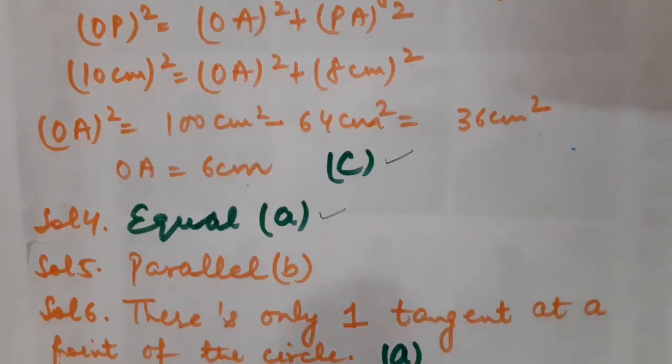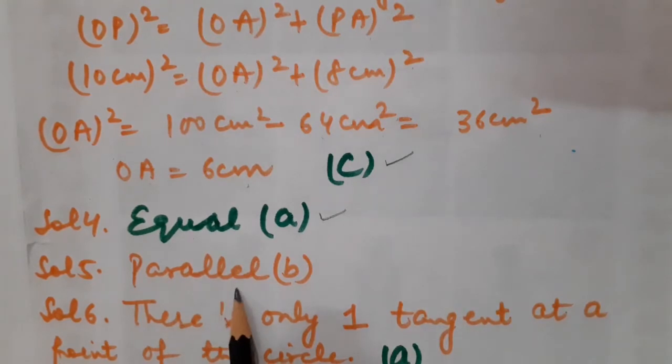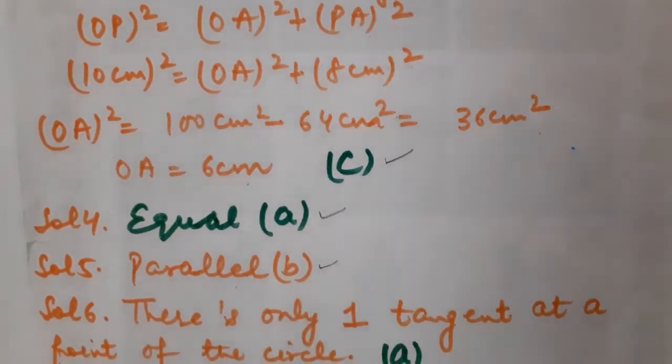So children, what would be the answer? The answer will be parallel. So B is the right option.